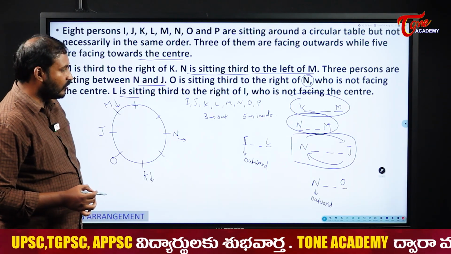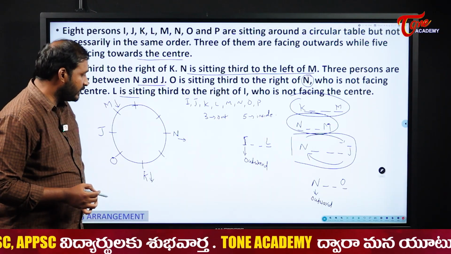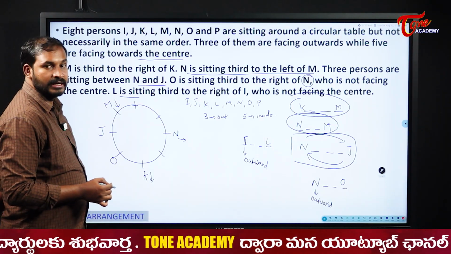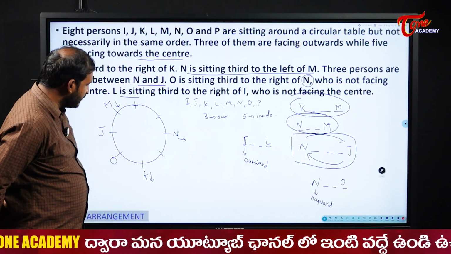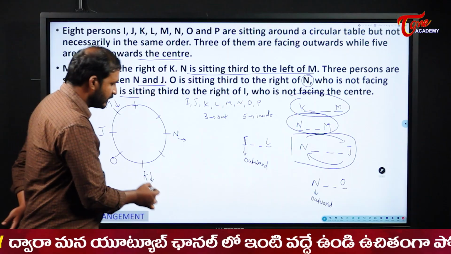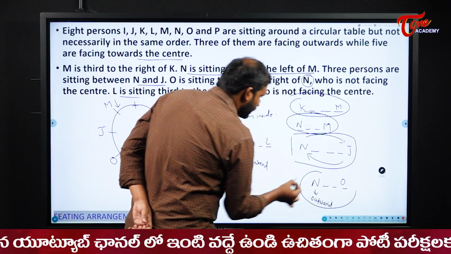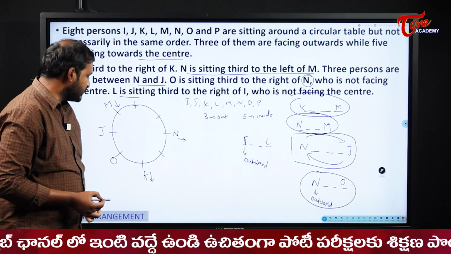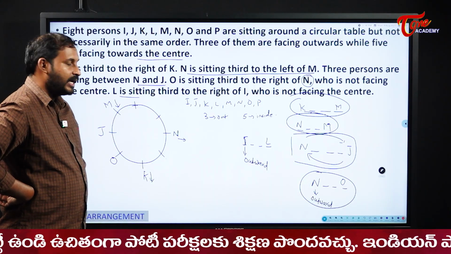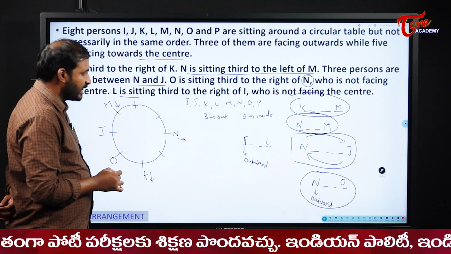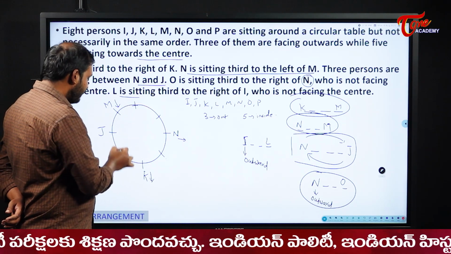Next, N is facing outward and O should be third to right of N. Okay, sorry, already we have done this one also, right? We are done with this. Next I should place I, and to its second left I should have L. So that means where I should place I, if I put I here and left means it will come here.